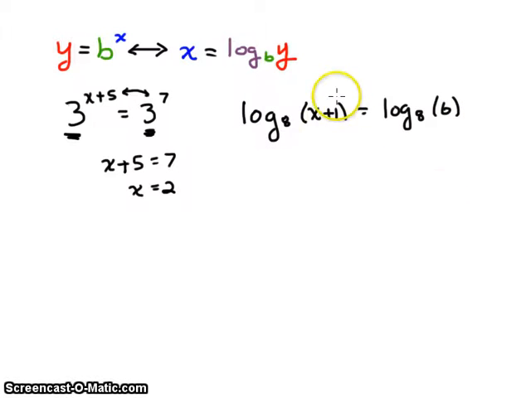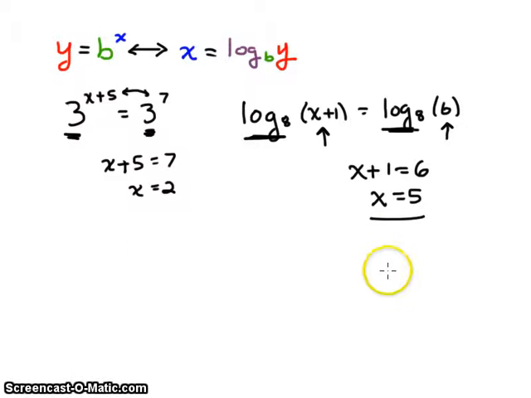So once again, I'm plugging something into the same function and getting the same answer. And so whatever I'm plugging into that function should be the same thing. So if I set those equal, I should get x plus 1 equals 6, so x equals 5 satisfies this equation using the common base or the same base method.